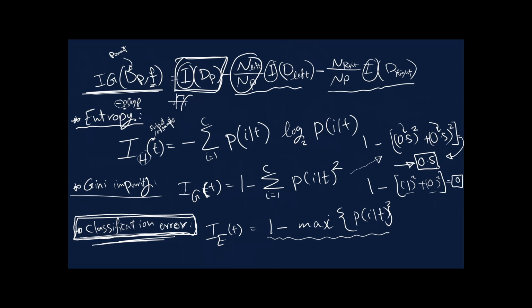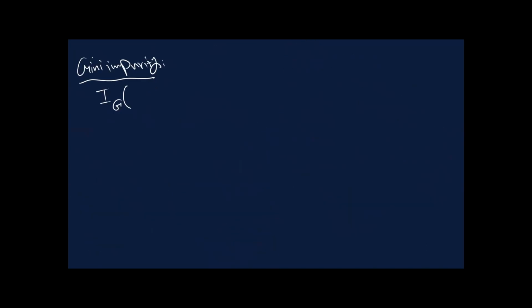Okay, so let's look at Gini impurity. For Gini impurity, we have our equation like that. So let's recall the equation. It's 1 minus the squares of the probabilities. So let's put it here, 1 minus the squares of the probabilities of the two classes.